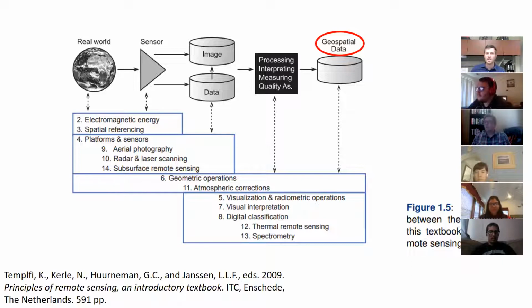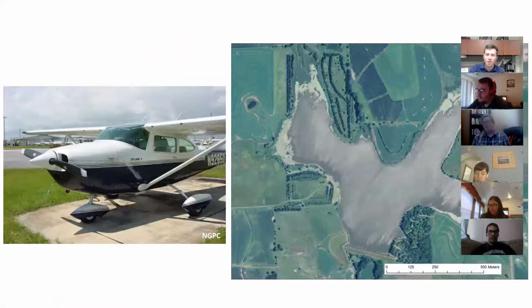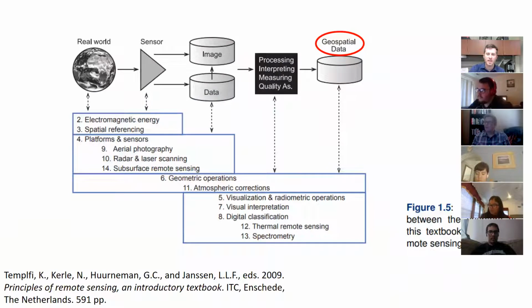Just know that the take-home message here is that remote sensing is about gathering geospatial data from the real world and using a sensor to do it, and to do it remotely. And then that geospatial data that we gather has all sorts of applications. Everything from city planning to social sciences to navigation to natural resource management.